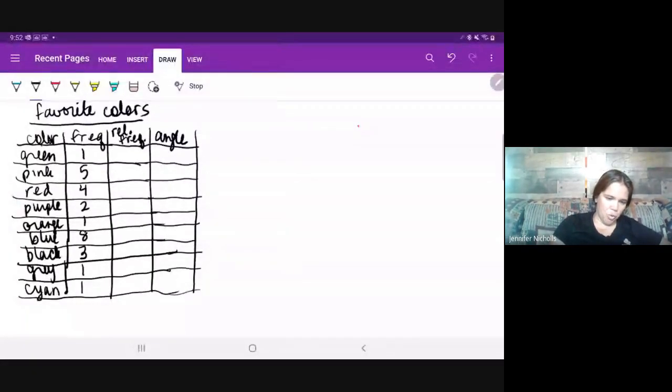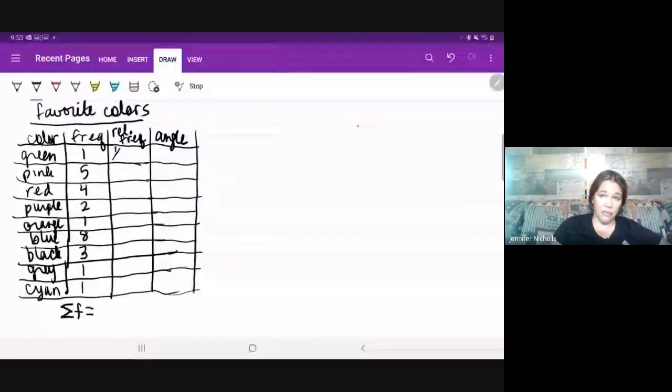I'm going to do 1 divided by, and I like to put it as a percent or as a decimal. So 1 divided by what? Yes, you add everything. Underneath, this is a math symbol, summation of F's. I am a math teacher, not a statistics teacher, but they're very similar. 26. So we divided them by the total number.